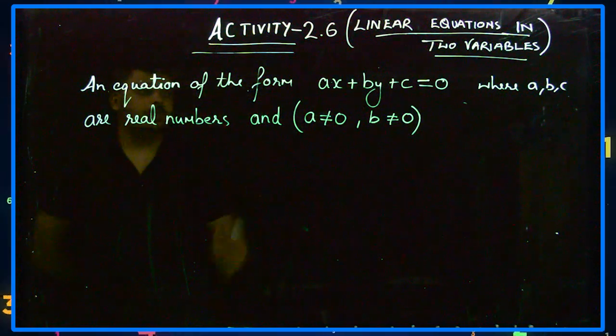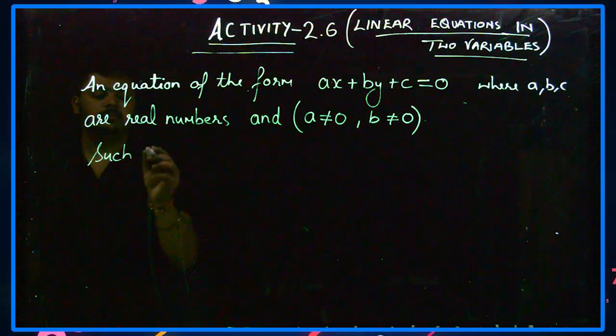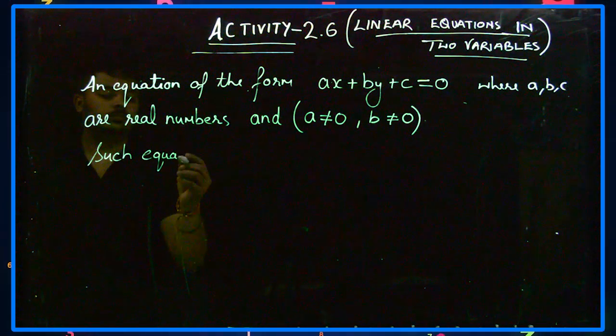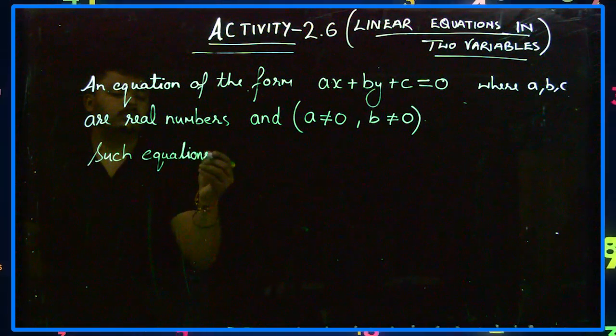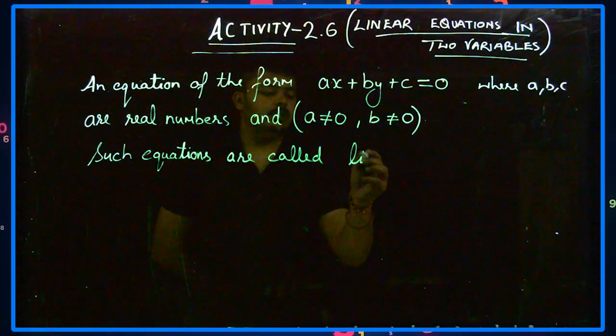That is, a and b cannot both be equal to 0. Such equations are called linear equation in two variables.